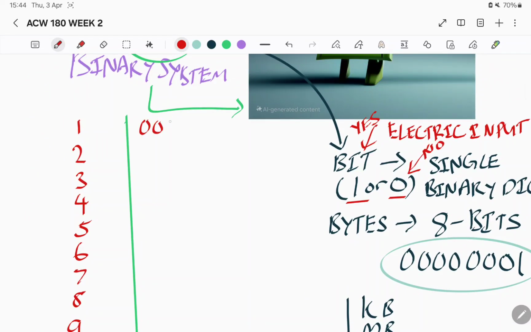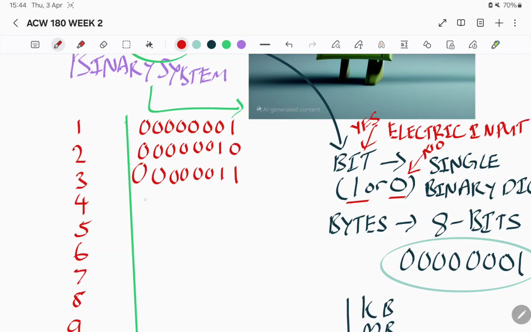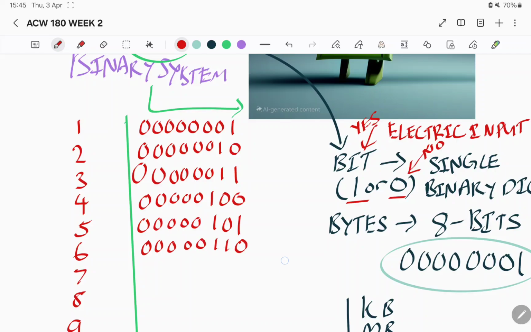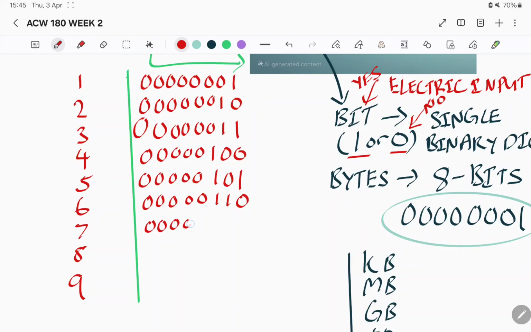It will start with 0 0 0 0 0 0 0 0, then 1, then when they go to 2 it will become something like this, and then 3, 4, 5, 6, 7, 8, and 9.